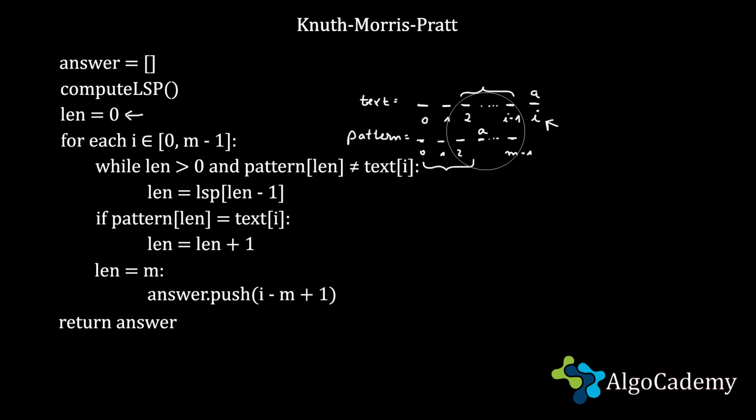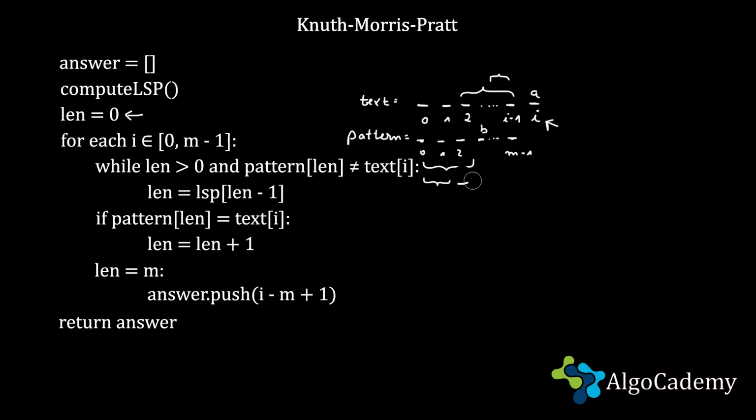But they might not be equal, right? Let's say this was a B. So in this case, it is probable that I have a shorter suffix that ends in I minus 1, which will be also a prefix here, and maybe that next character is going to be an A. And in order to find the length of this, I'm going to use LSP of len minus 1.